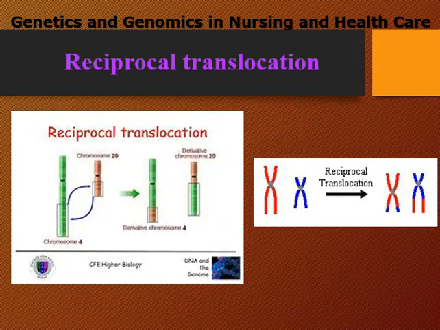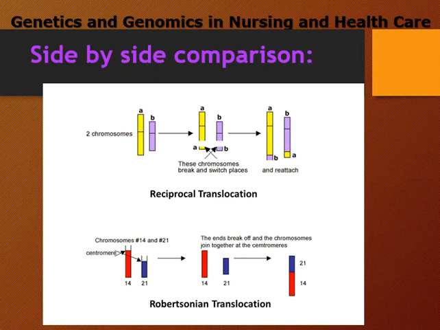Okay, again, another example of a reciprocal translocation. I love pictures. I think the more visuals, the better, because these can be hard concepts, and the more you see it, the easier it is. So again, little bits exchanged. You can see where they have broken off and exchanged places. Side-by-side comparison, again, reciprocal: chromosomes break, switch places, and reattach.